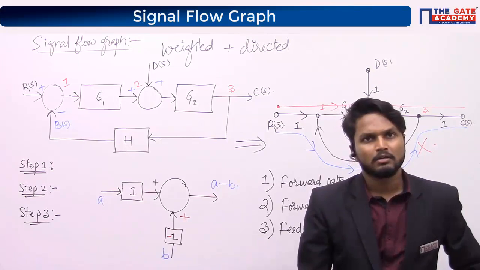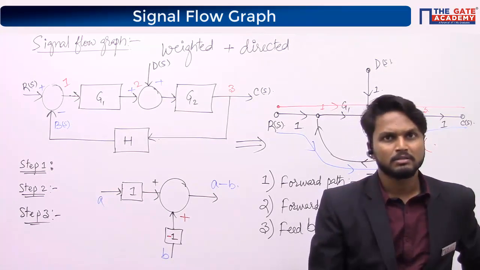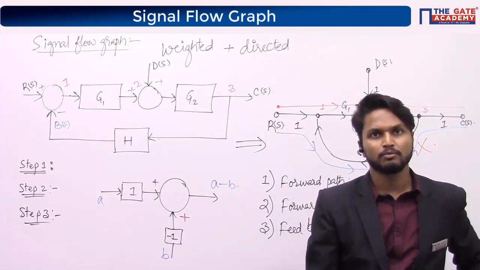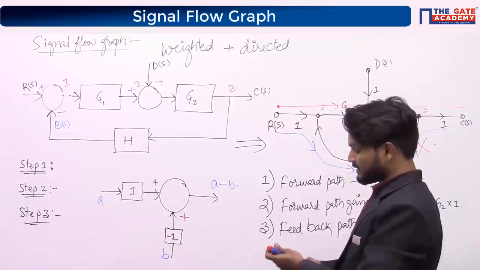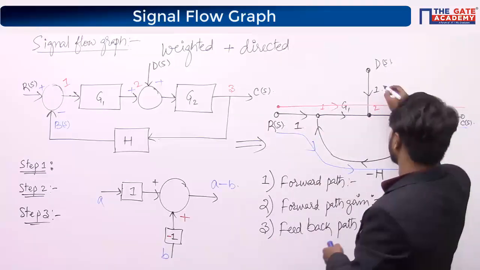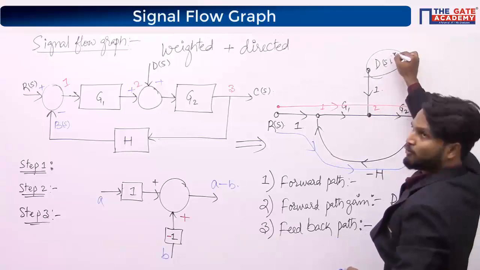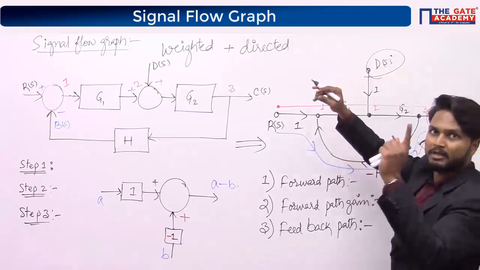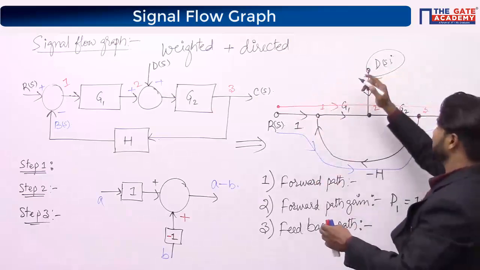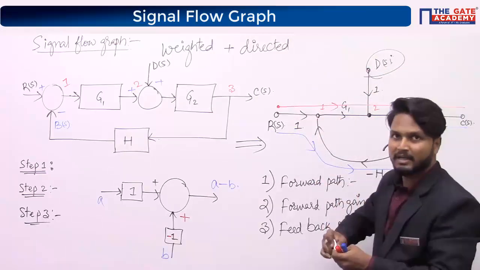Sir, there are two forward paths, G1, G2 and G2. Yes, Niranjana, we are not considering D of S as input, right? If D of S is input, then G2 is a forward path for D of S. So we are considering D of S as a disturbance as of now.